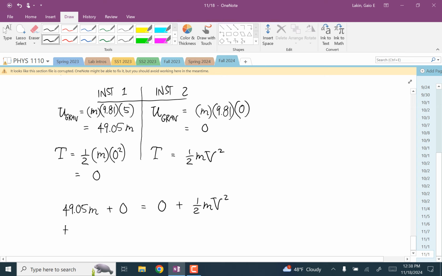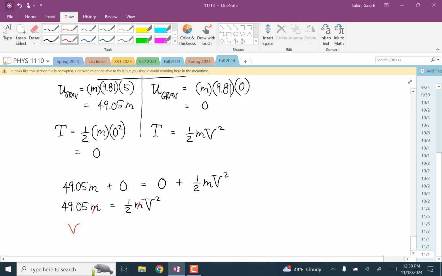And so that says 49.05 m is equal to 1/2 m v squared. Now both sides are multiplied by m, so I can divide both sides by m and get rid of that. That's how you know that the mass doesn't matter.